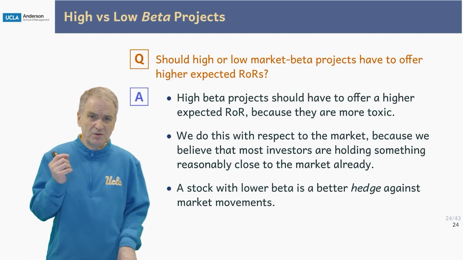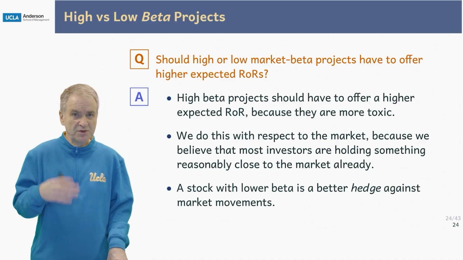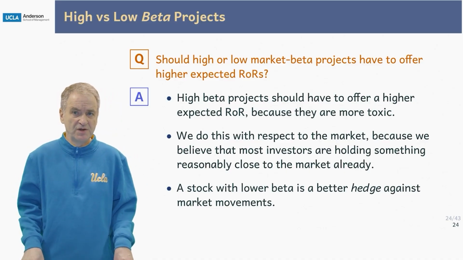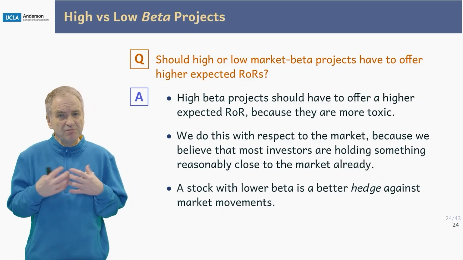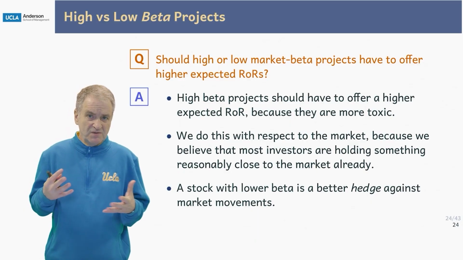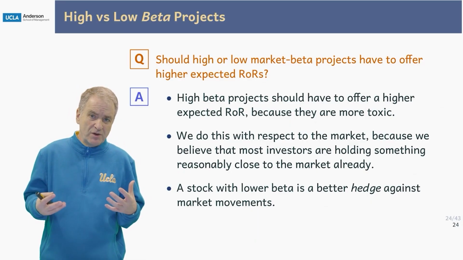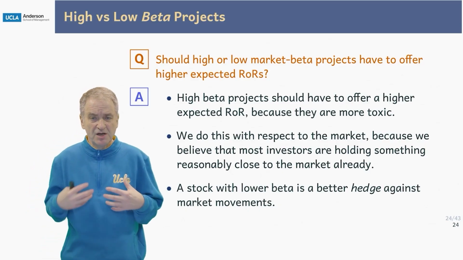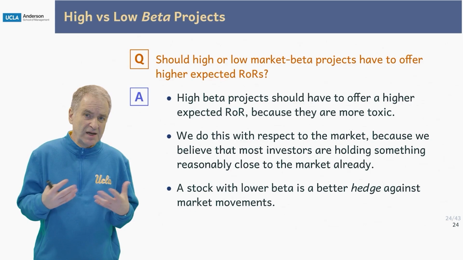So to get you to buy more of them, they have to be sold at a lower price, which means higher expected rate of return. That means because we think that most investors hold something similar to the market, most investors are going to want stocks with lower beta. So if you as a manager can offer them a project that has a lower beta, they're going to like it much better.